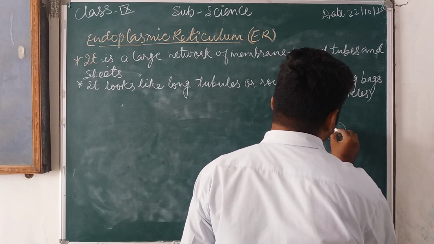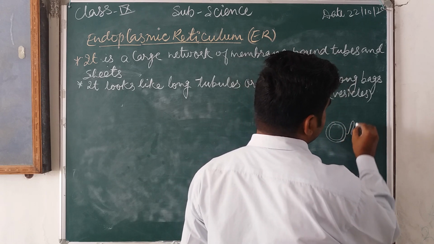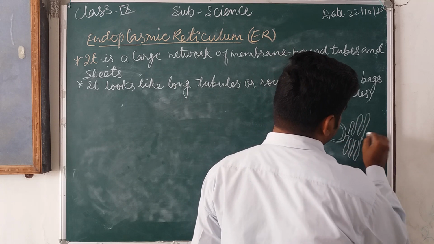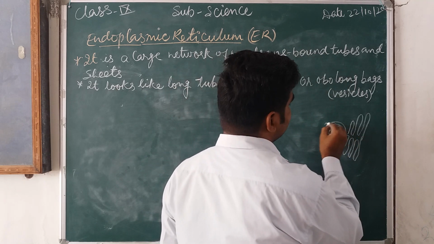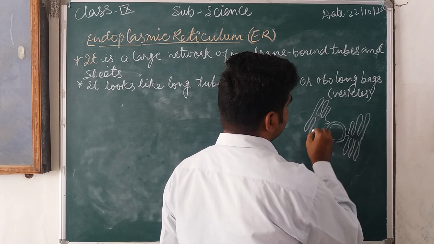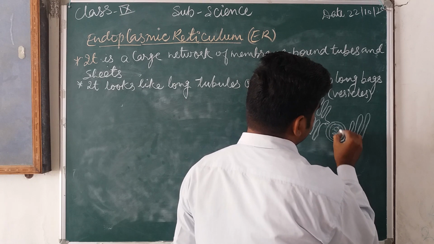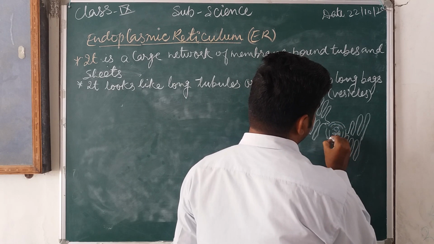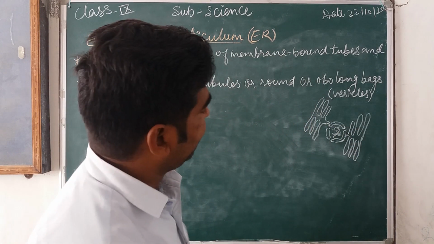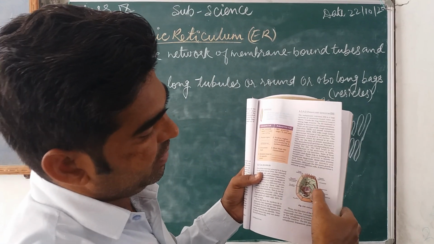This is the nucleus, and this long tube-like vesicles or bag-like sheets are attached. You can see this type of structure in your textbook.